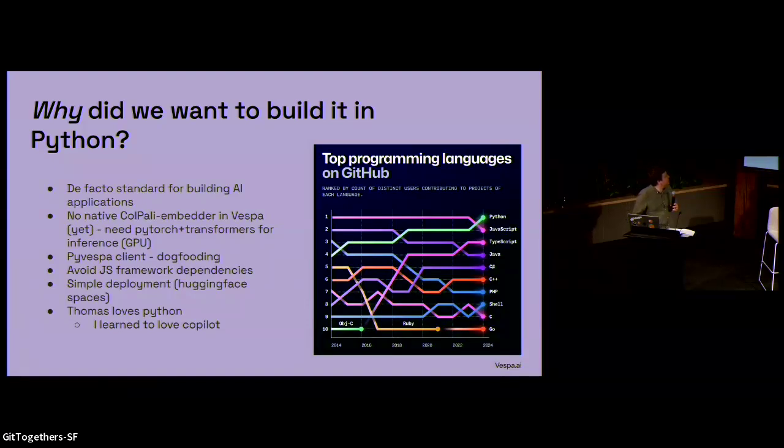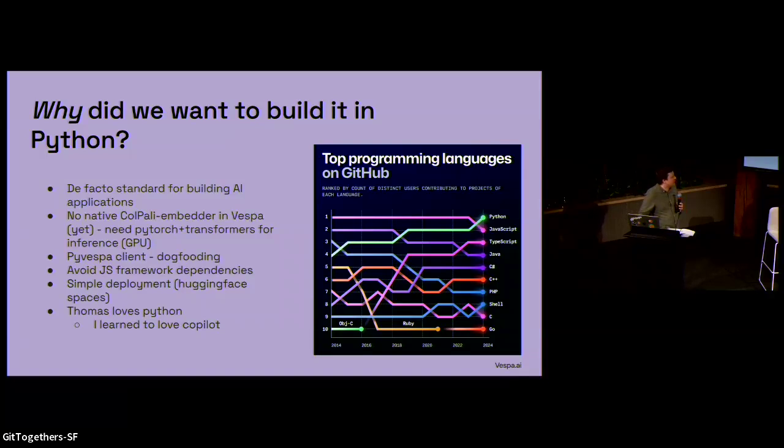So why did we build it in Python? This was written by my coworker, Thomas. He loves Python. I learned to love Copilot. Thank you, GitHub, because I had to learn Python doing it. But it was actually pretty simple. As none of us are designers or JavaScript developers, we found that using this fast HTML framework to build it in Python was really fast and efficient for us.